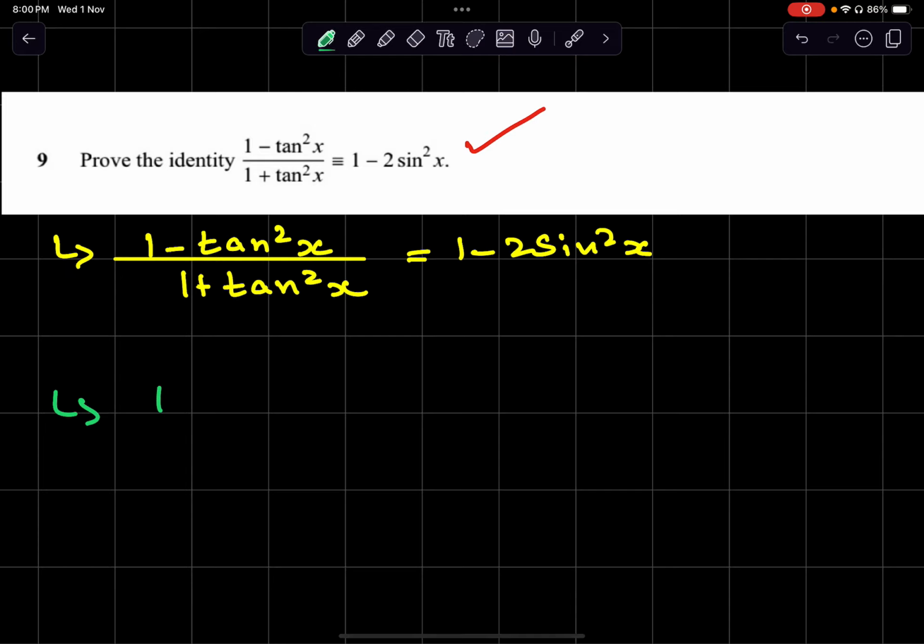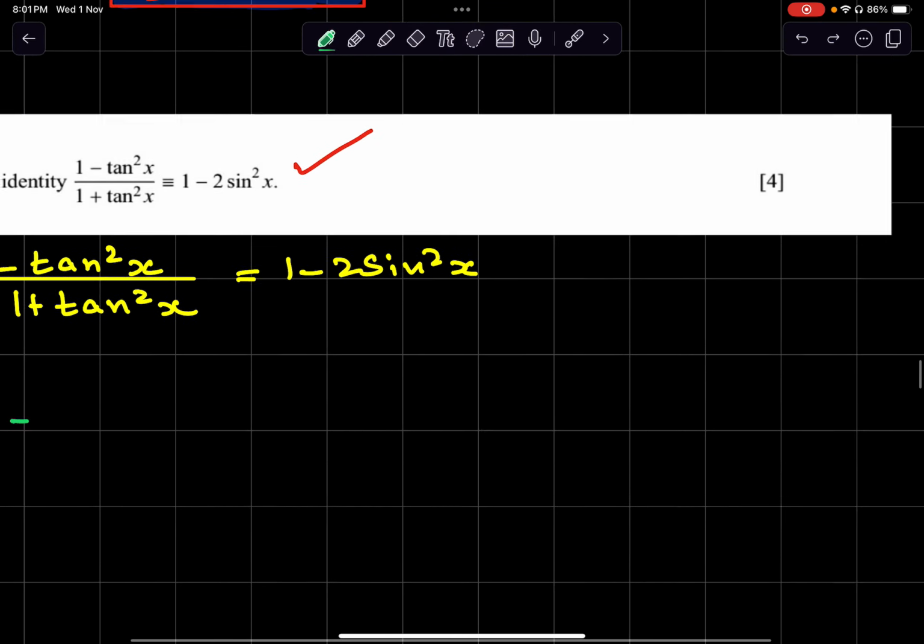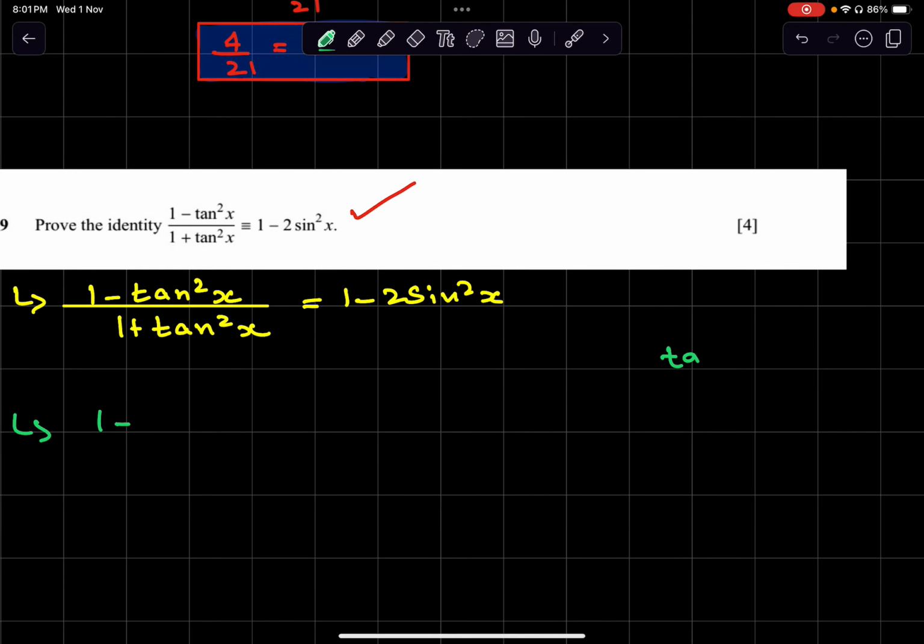1 minus tan square x. Over here we are going to simplify it. You know this tangent x is sine x upon cos x. So tan square x would be sine square x upon cos square x.